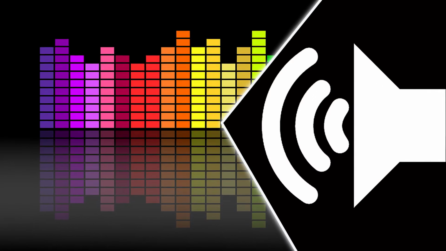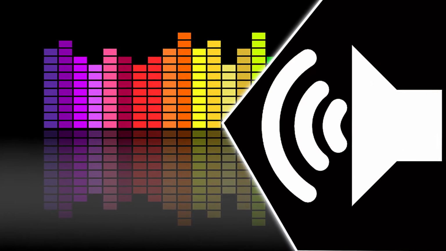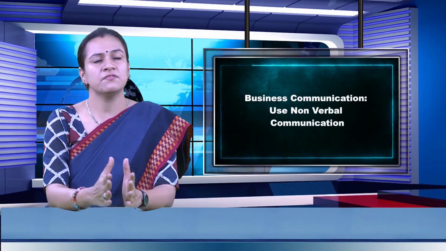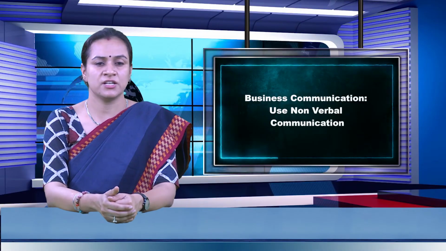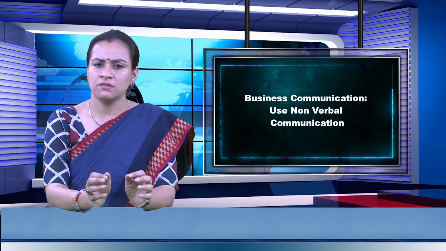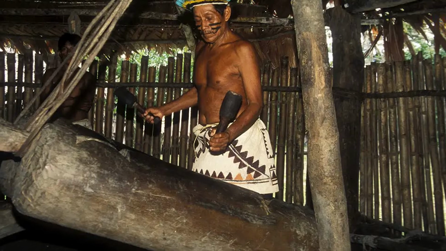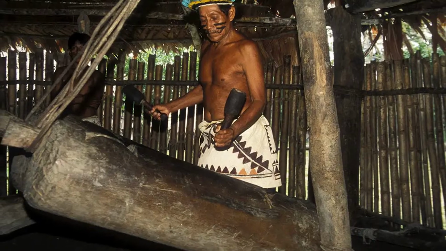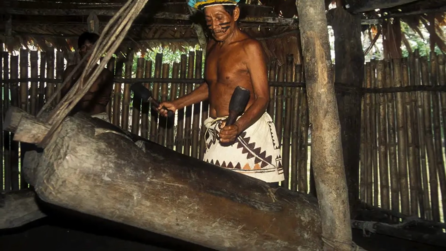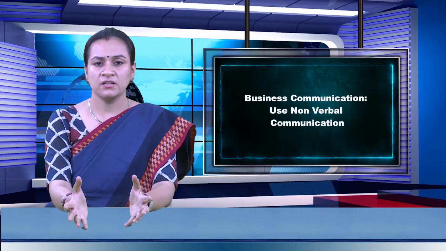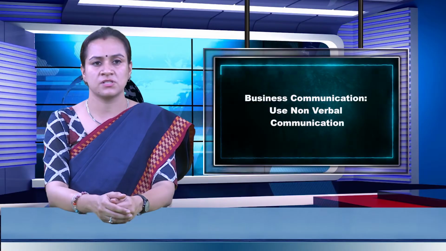Side by side with the visual signals, audio or sound signals have also been in use since the very beginning of civilization and have very conveniently been adopted by the world of business. Different kinds of drum beats were used by people living in the jungles in the olden times, as we are told in our history and geography books.